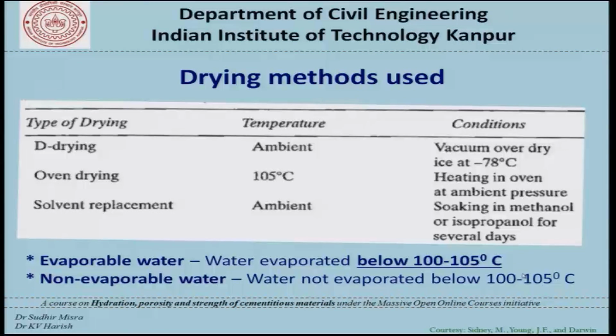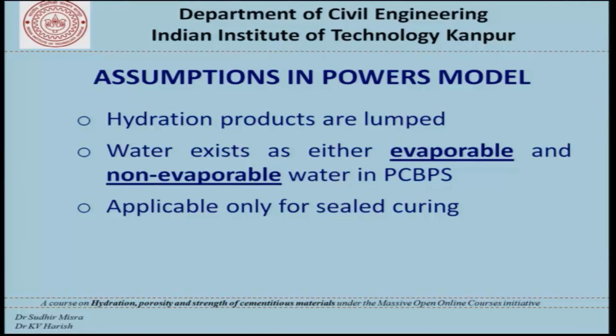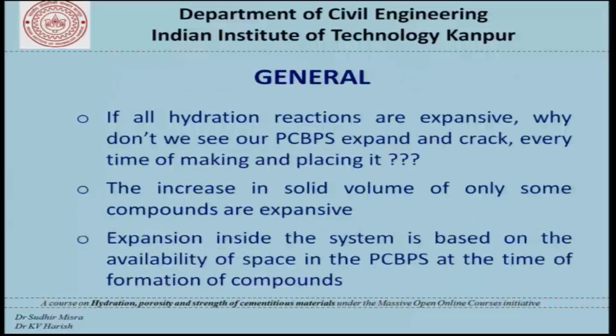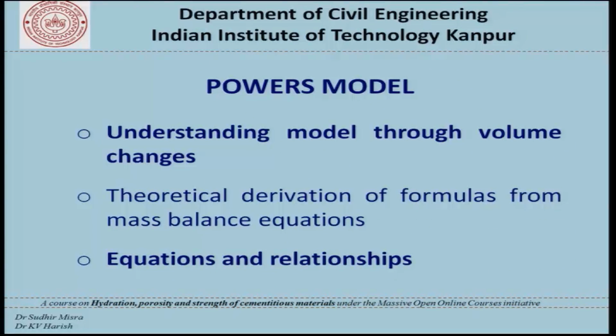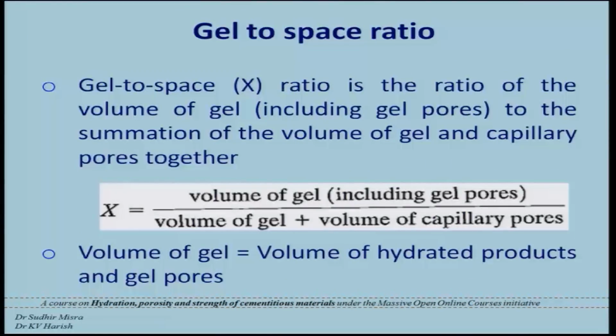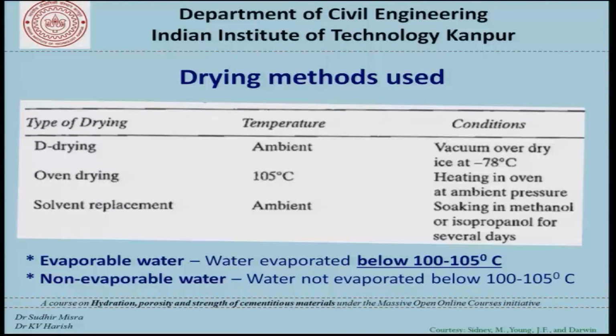Those waters clubbed together are called non-evaporable water. So, Powers uses evaporable and non-evaporable water in his experiments to find equations which he uses in theoretical derivations to confirm his results. We are not going through the derivations, as that is not important for this course. So, that is about evaporable and non-evaporable water.